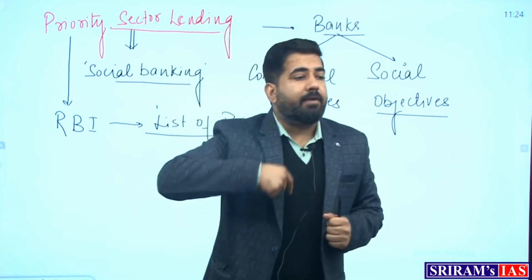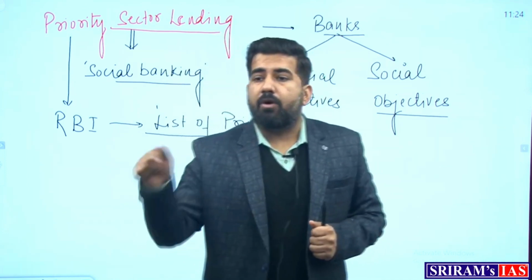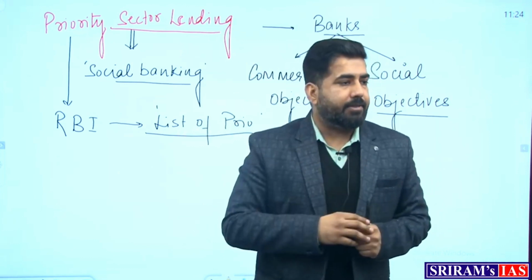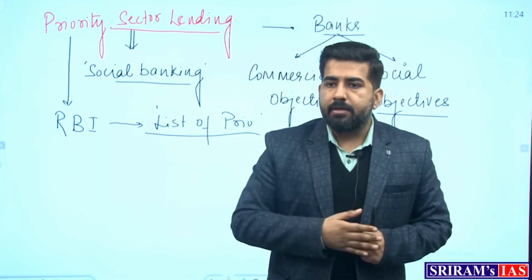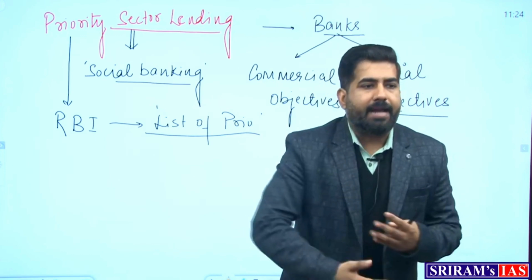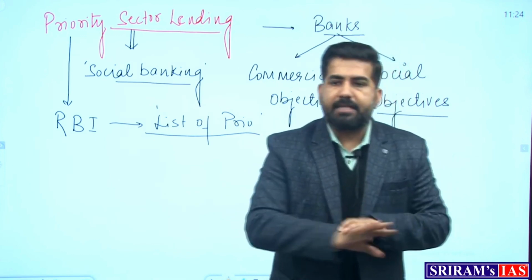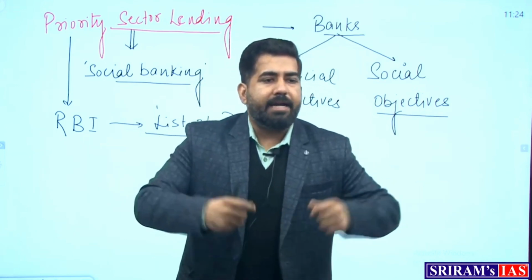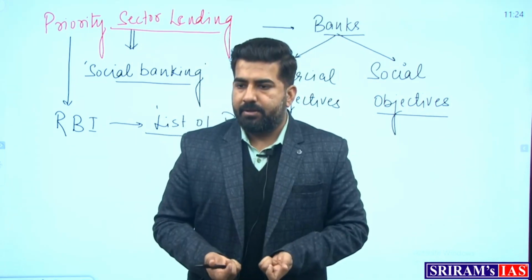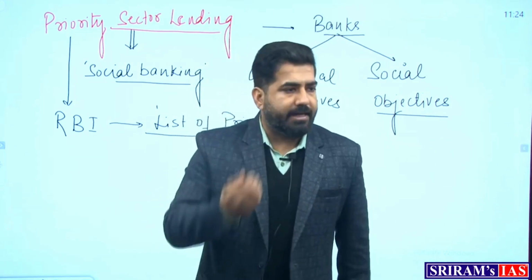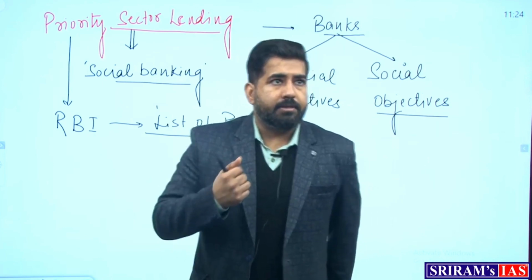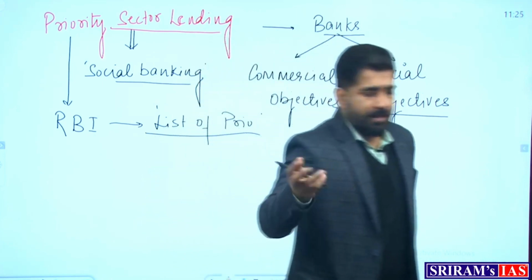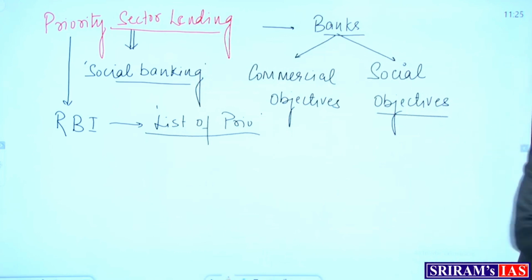Now if RBI wants to add new sectors, then they can do it. It's not like they have to do it on an annual or periodic basis. Like about 3 years back, RBI added new sectors in the priority list. So we have to remember what new sectors were added. Okay Naveen? Come on, write it down.